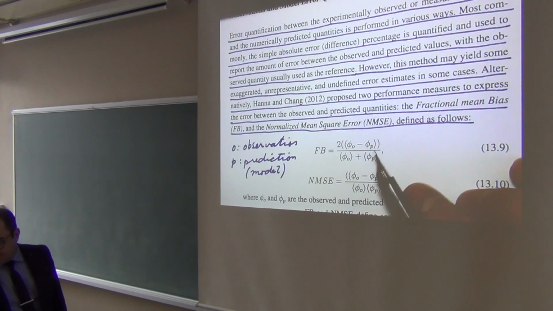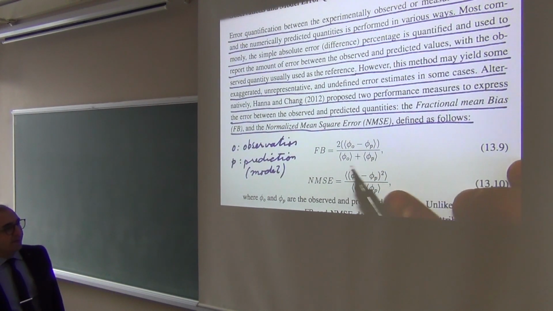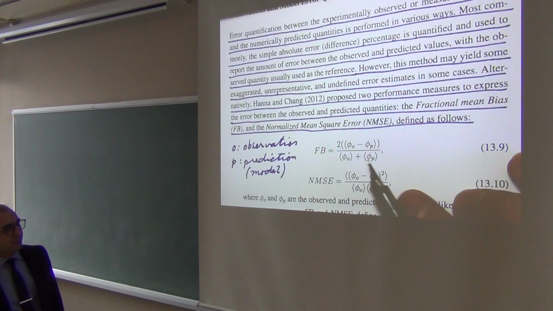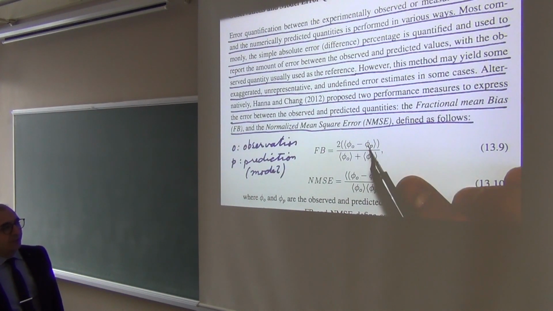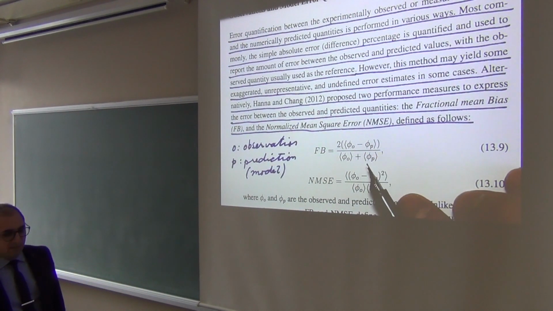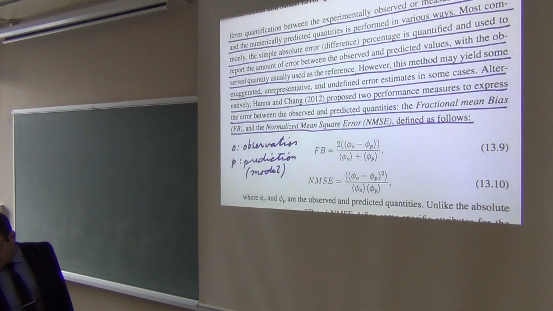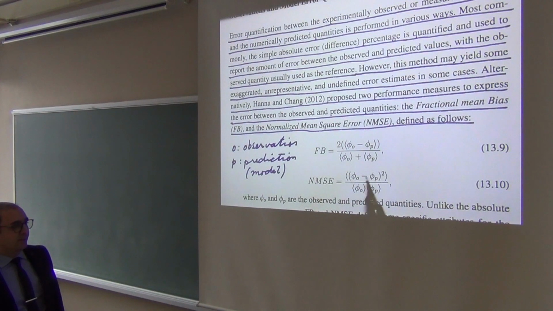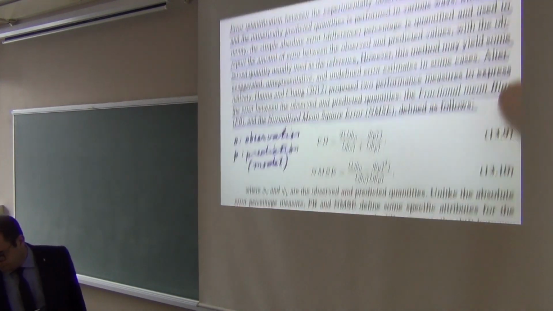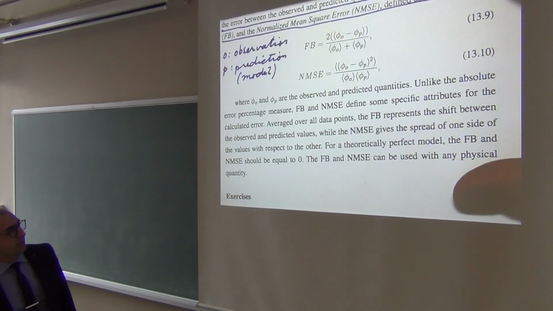And then I divide by the average of both observation and prediction. It gives me a fractional bias, okay? Because I am somehow normalizing error. Same thing about normalized mean square error. So I look at the variances of the differences, right? And then I divide by the product of the mean values of observation and prediction. I can show examples to show you how this works.